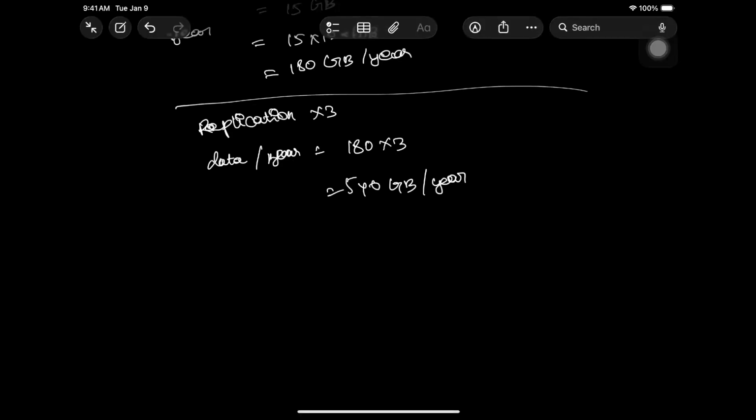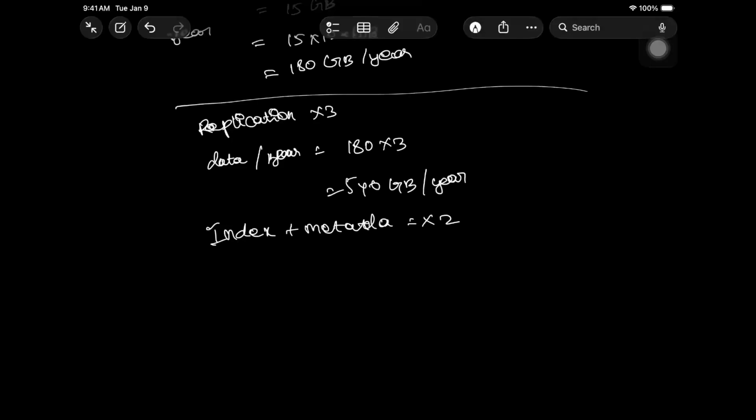Okay, and not only that, we won't store only the URL. We will store some indexes plus metadata like the timestamp and some flags and all, right? So index plus metadata generally costs 50 to 100% of the data. So that would be into two.